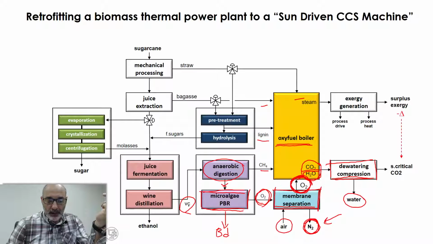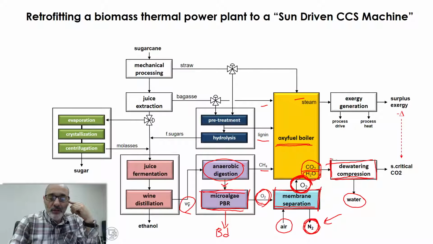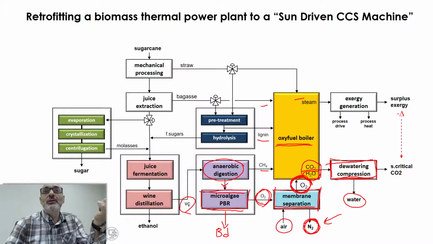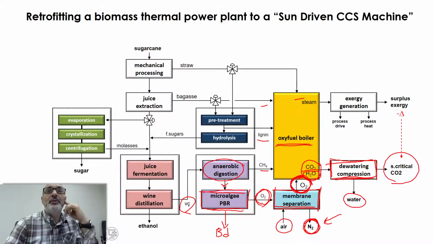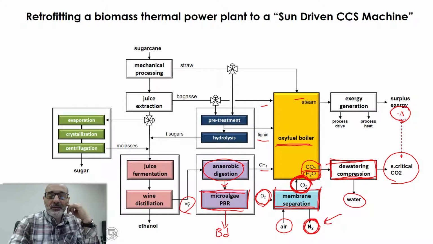And after dewatering these gases, you have pure CO2 that you can compress in order to produce supercritical CO2. For that, you need a certain amount of energy. And the whole idea is that this amount here is smaller than the remaining surplus energy.